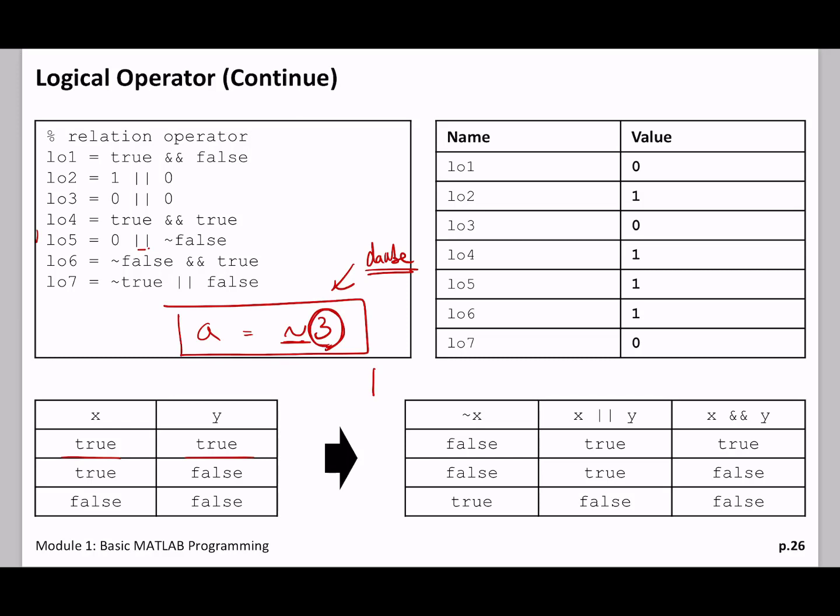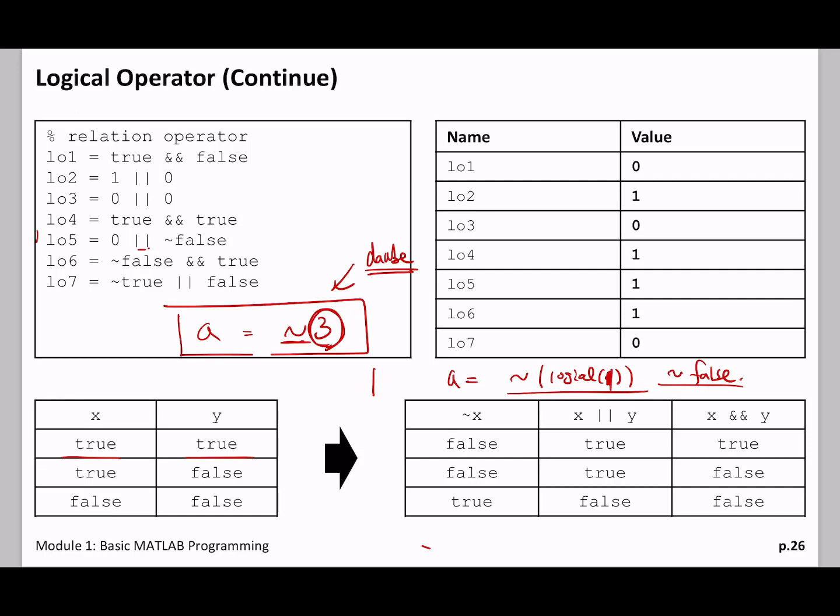Okay? All the values are 1 except the 0, right? Only the 0 is logical 0. So it is evaluating the not logical 0. This is a not false. Okay, so not false means a true. So true is assigned... No, sorry. This is wrong. So these are true, right?